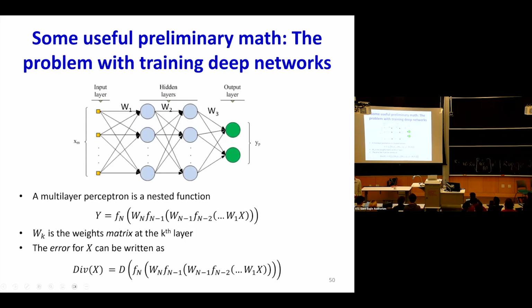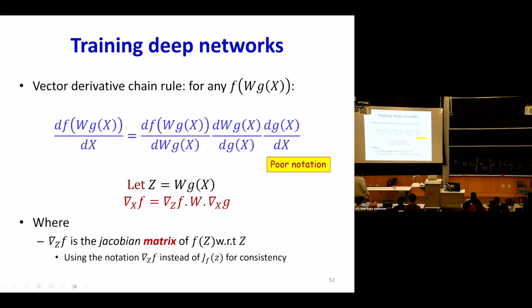So if I look at the derivative of f of w times g of x with respect to x, d of f of w gx over dx, I can decompose it as d of f of w gx over d of w gx, times the derivative of w gx with respect to gx, times the derivative of gx with respect to x. This is just your chain rule, correct?